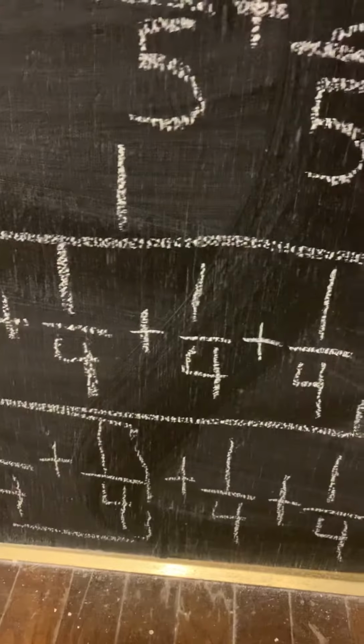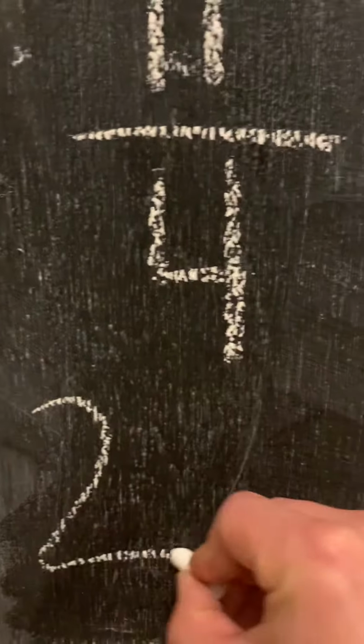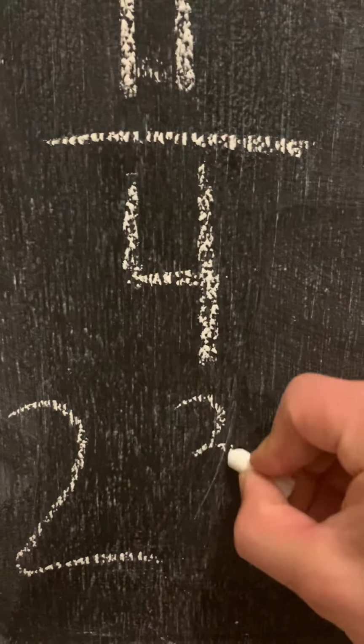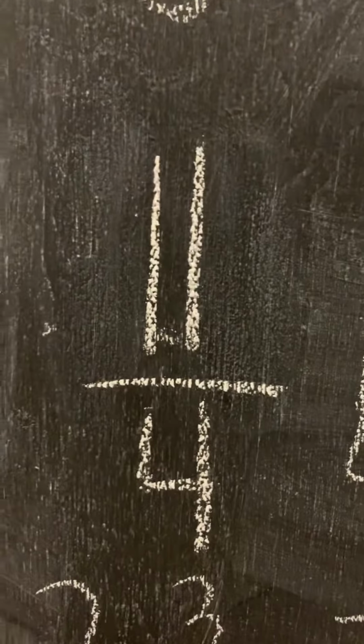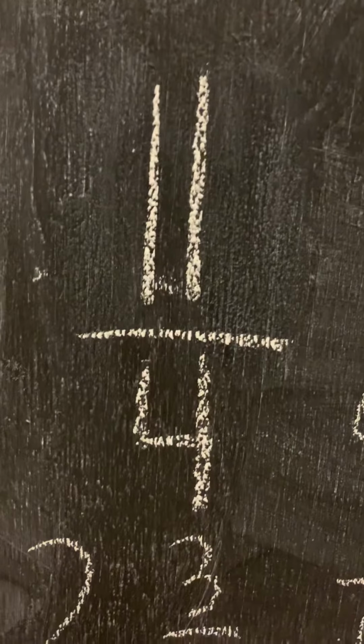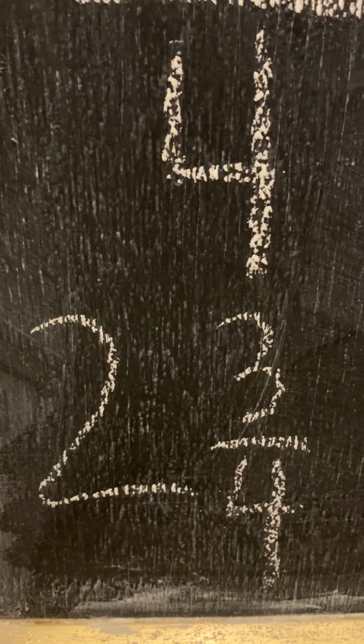So we ended up with 1 and 1, which equals 2, and then those leftover 3/4. So 11/4 written as a mixed number is 2 3/4.